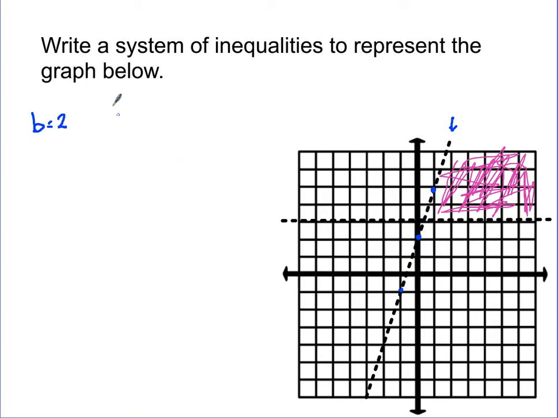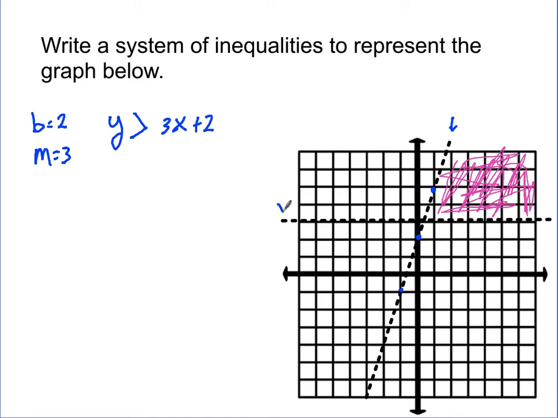So it's a positive 3 slope. So y, I need a 3x plus 2. And then it shades above that line. And it is dotted, so there's no equal sign.